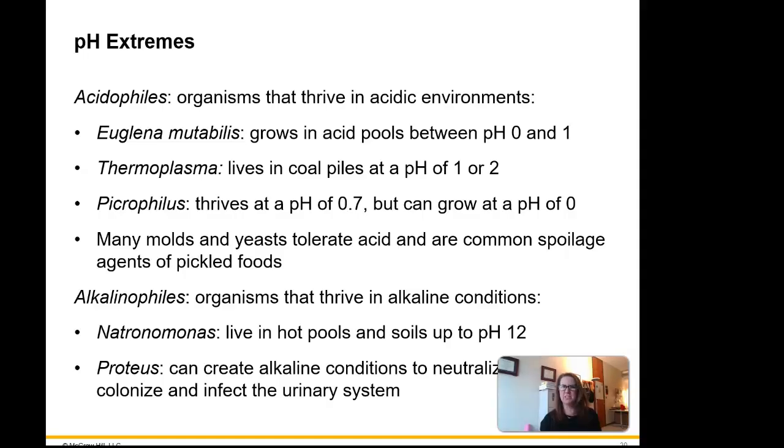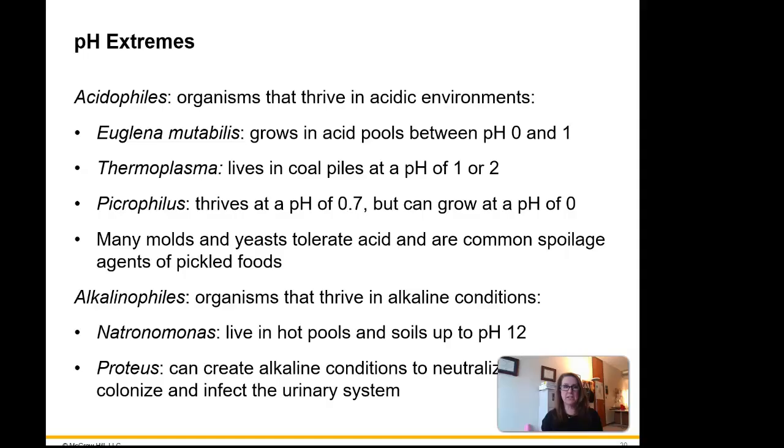And then Proteus, which is kind of interesting, Proteus can essentially colonize the urinary tract and convert that from slightly acidic to slightly basic, essentially making that urine more neutral, and it helps to create an environment where it thrives.